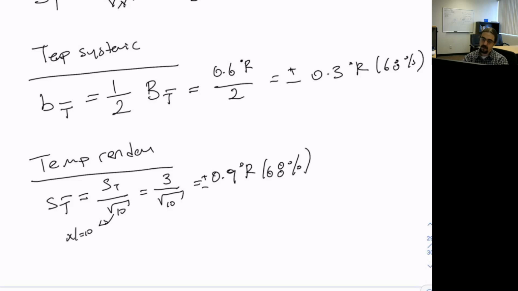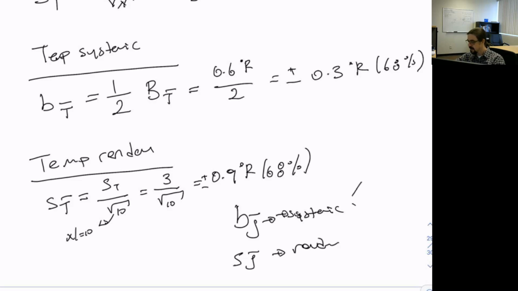Now I have all my different errors. From that, I need to calculate my B rho bar, which is the systemic, and my S rho bar, which is random.